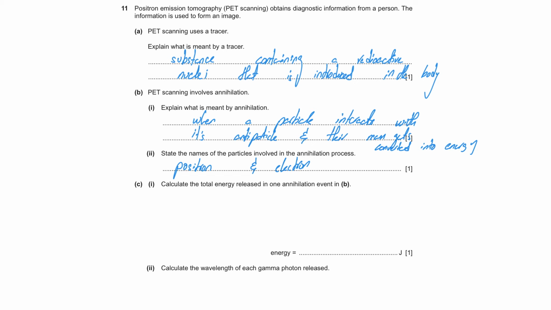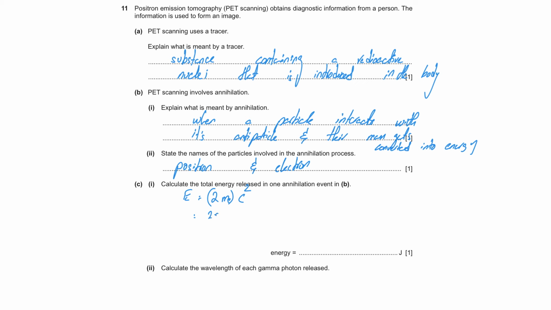Calculate the total energy released in one annihilation event. What is the total energy release? Now, the energy that we get is from the mass of these particles. E is equal to mc squared. The total mass involved here is 2 times the mass of an electron, because we've got an electron along with the positron, which have the same mass.